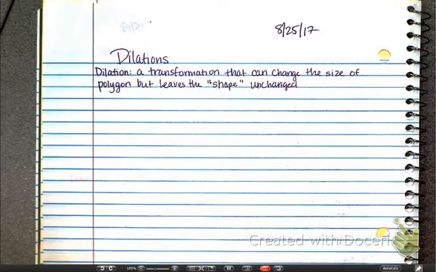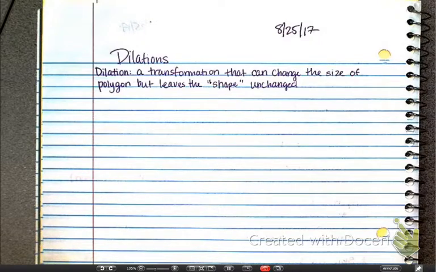So if I have a square, I can do a dilation and my square can get larger or smaller, but it's still going to be a square. You're not going to go from a square to a triangle. Okay? Your figure stays the same shape. It's just going to get bigger or smaller.